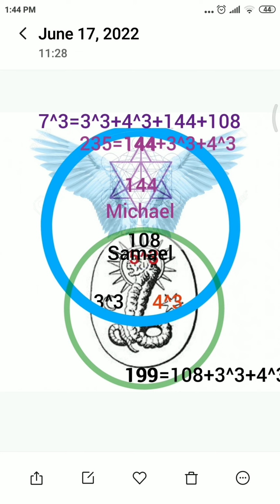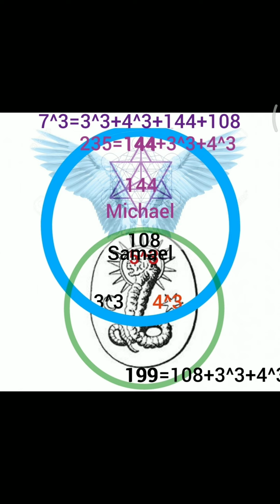For those who are not familiar with Christian mythology and canonical texts, the chief of God's army is called Michael. Michael in Hebrew means like God. He is like the face of God.